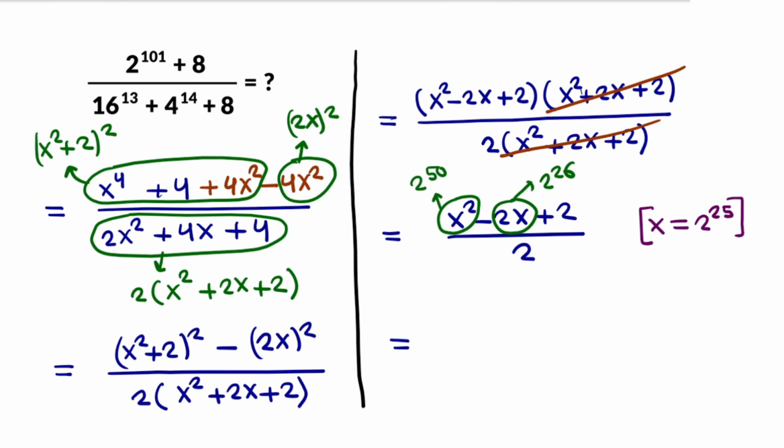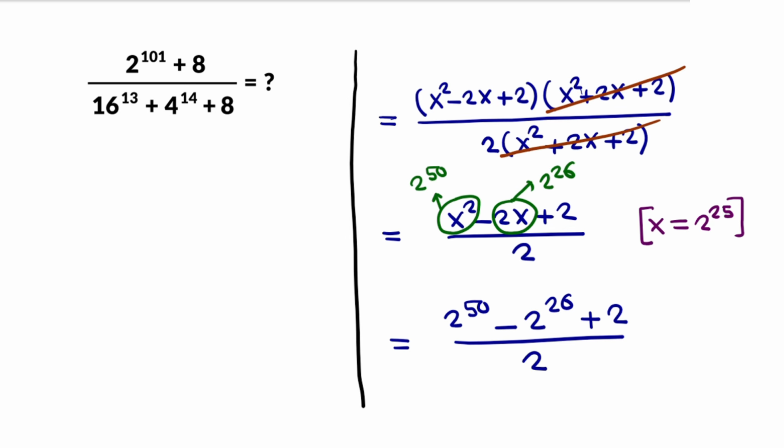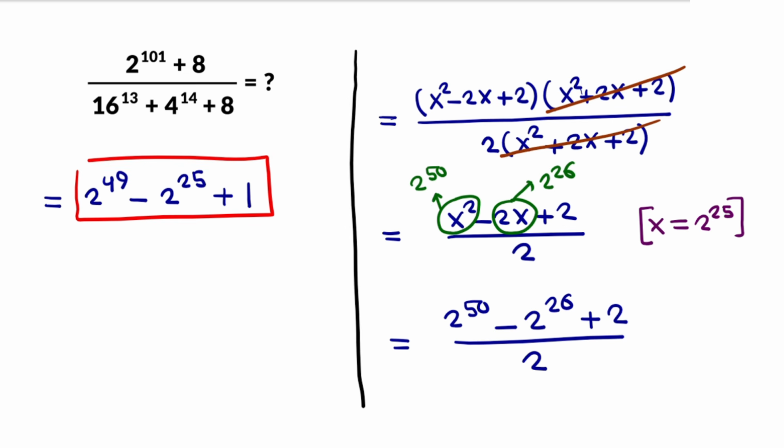Our expression is now 2 to the power of 50 minus 2 to the power of 26 plus 2, all divided by 2. Finally, divide every single term by that 2 on the bottom. We get 2 to the power of 49 minus 2 to the power of 25 plus 1. And that is our exact simplified answer.